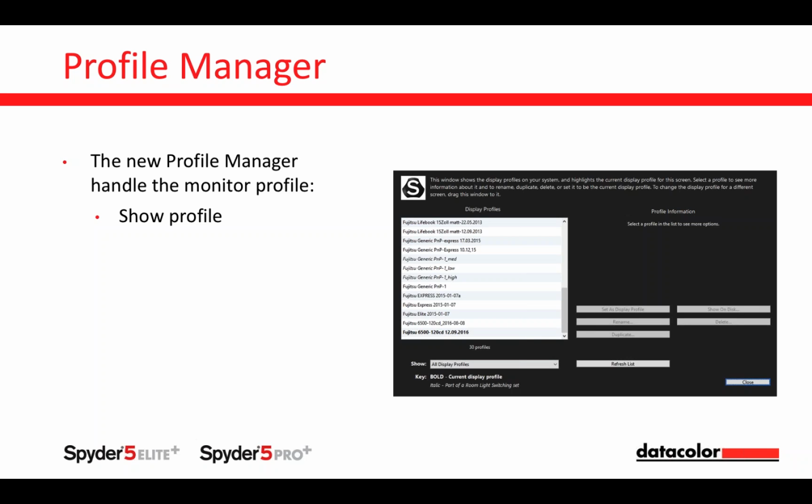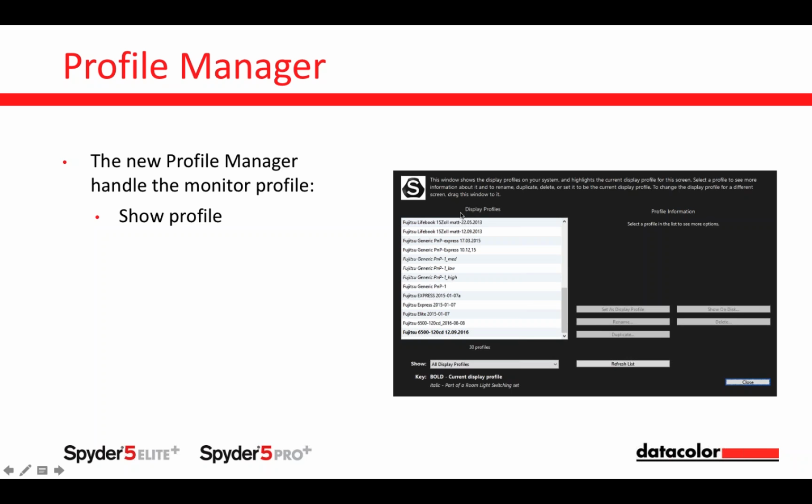So if you want to toggle between different targets, just as an example, you have one calibration with gamma 2.2 and 6500 Kelvin, and you have another which is in the CMYK workflow, and this is gamma 1.8 and 5000 Kelvin. Depending on what you are doing, you can toggle between these different calibration settings here in that profile manager for that monitor.